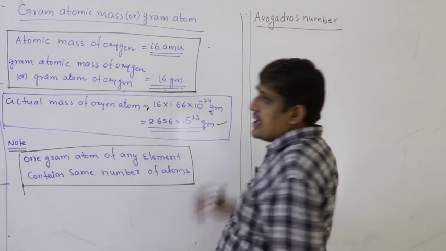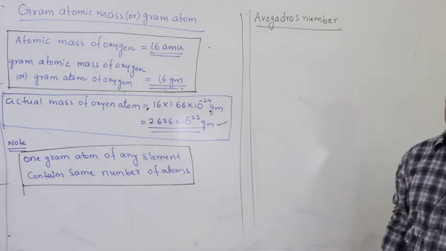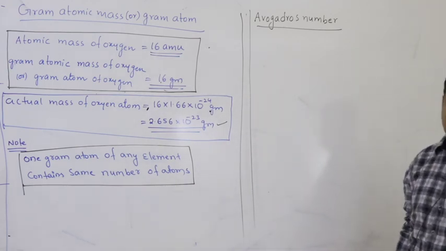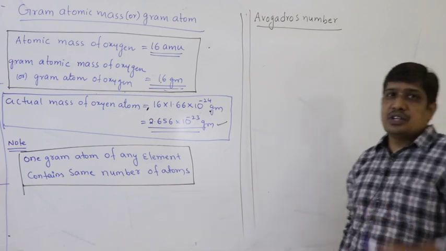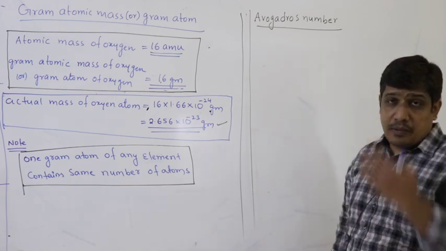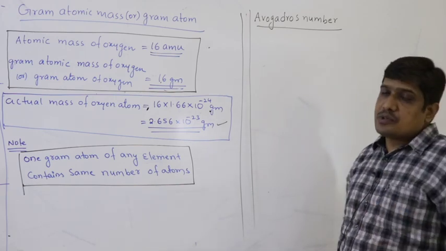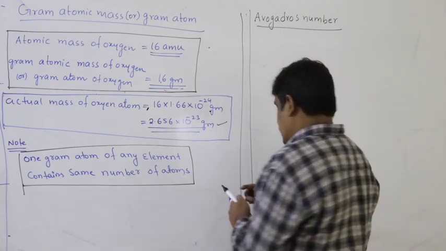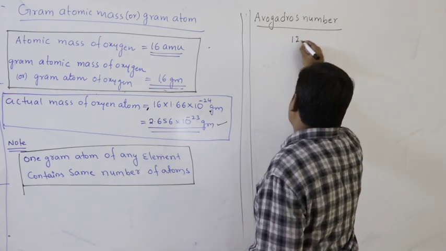It is defined as the number of atoms in 12 grams of C12 isotope. So we are taking 12 grams of C12 isotope.